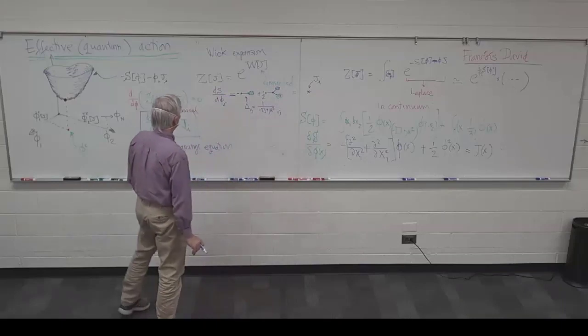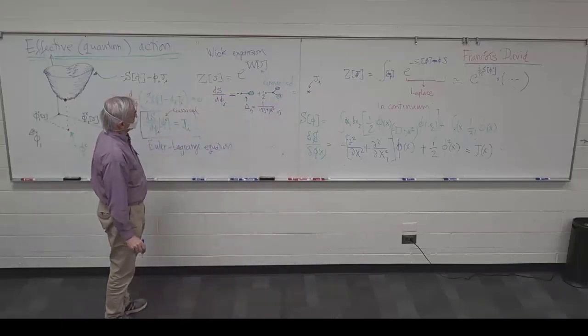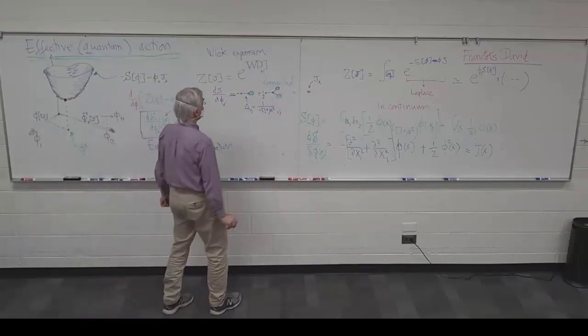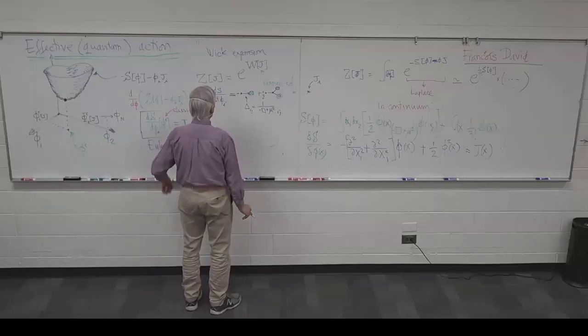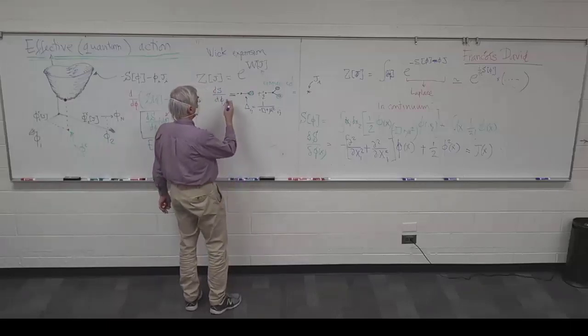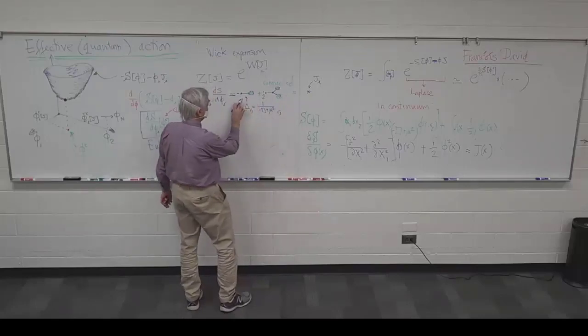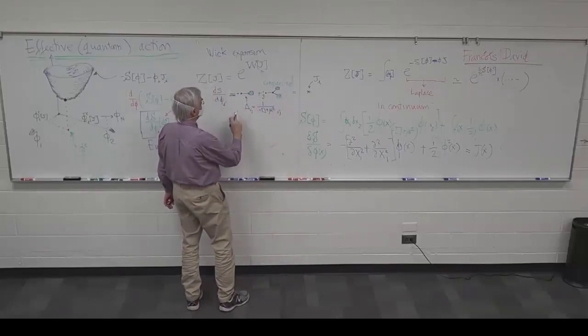And now I can solve the Euler-Lagrange equation by multiplying both sides by the inverse propagator.